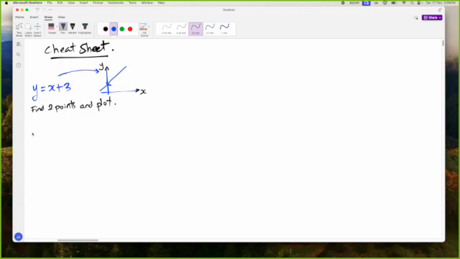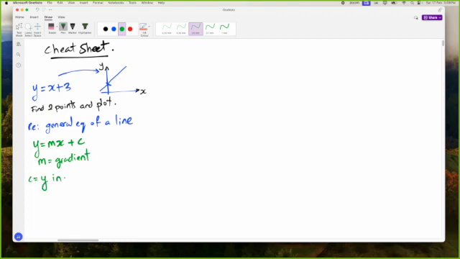What else could go on your cheat sheet? Remember that the general equation of a line is y is equal to mx plus c, where m is your gradient and c is the y-intercept.